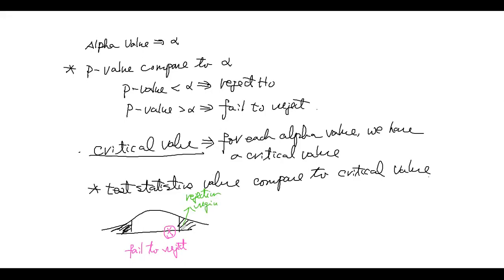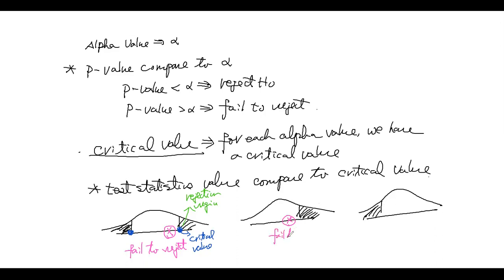If your test statistic falls into the rejection region, then you will reject. Those blue values here, we call these critical values. I give you the table. Some of you might find that the table doesn't make sense right now, but later you will see. For the one tail, your rejection region could be here, or it could be here. If your statistic is outside the rejection region, we say fail to reject.